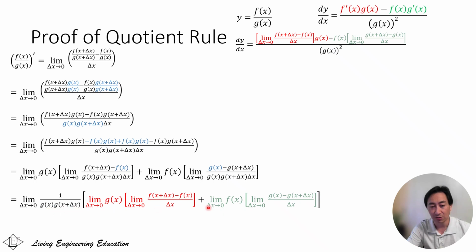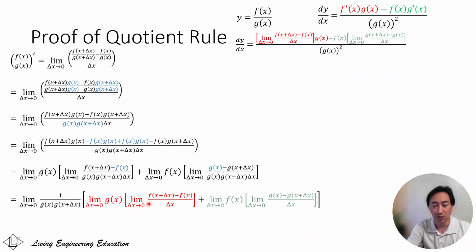I leave the Δx in the initial limit components because I know that if I do that, I'll get my derivative form here and here. So it's intentional to leave it in. So here I have a limit as Δx approaches 0 for g(x) right there, and there's no Δx term there, so this is just going to be g(x).